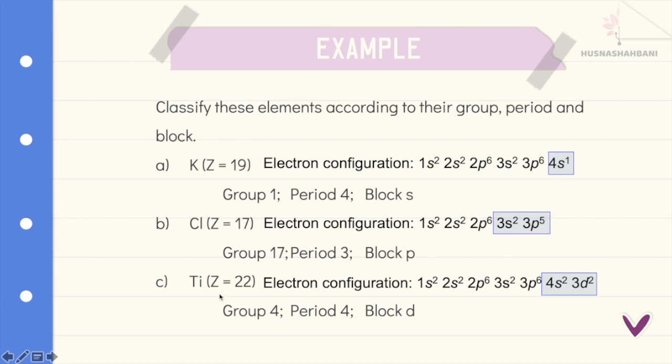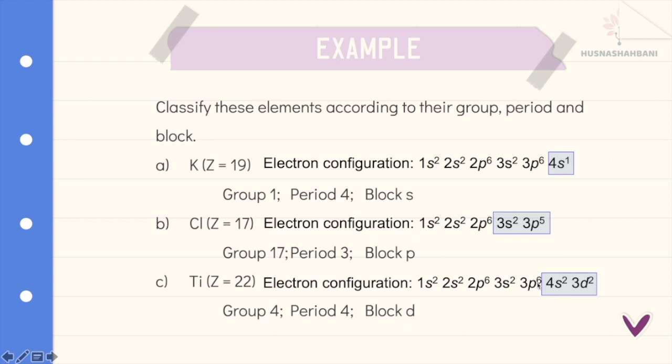Next, Ti, electronic configuration till 4s2, 3d2. So this one, we usually look at the valence electrons involving the highest n. Our highest n now is 4, n equal to 4. But we have d orbital. When there is d orbital, you must look at the highest n and n minus 1.